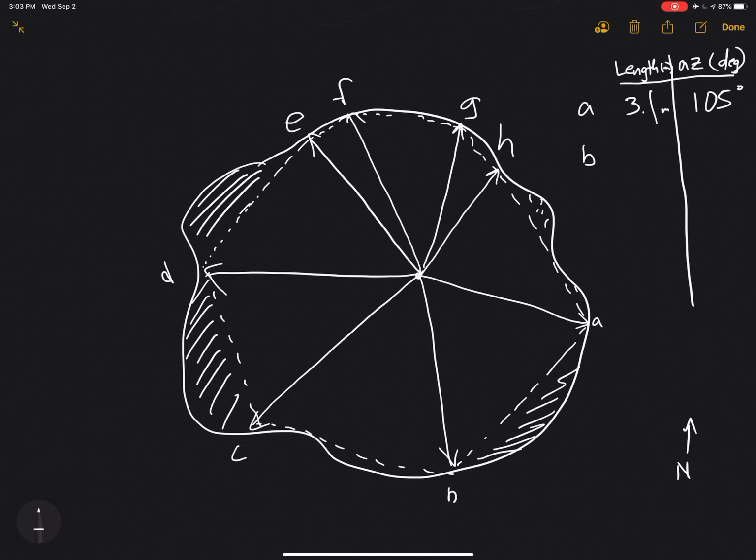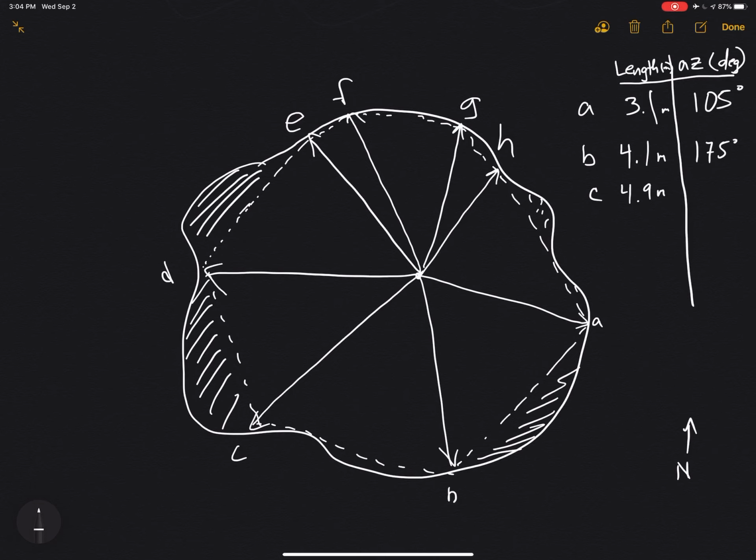And B is almost pointing south, but not quite, so let's call that 4.1 meters. And at 175 degrees. And C is a little bit longer again, so let's call that 4.9 meters.